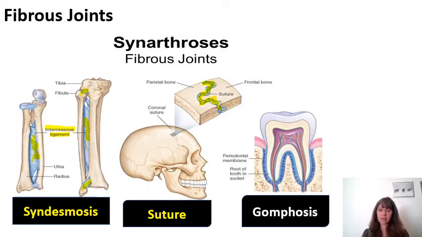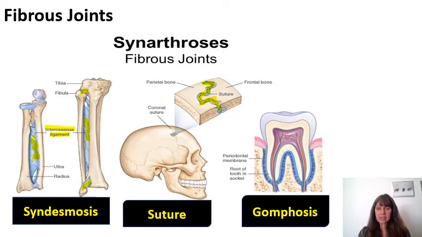The third type of fibrous joint is the fibrous gomphosis. A gomphos is literally a bolt, and fibrous gomphoses are found where teeth sit in the alveolar sockets of the maxillae and the mandible.